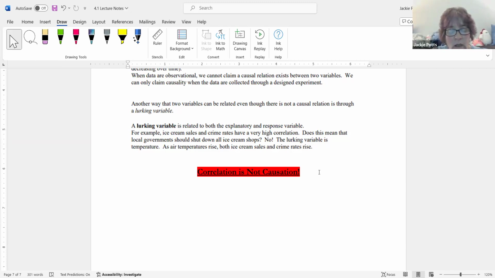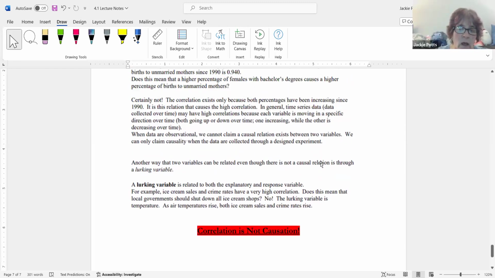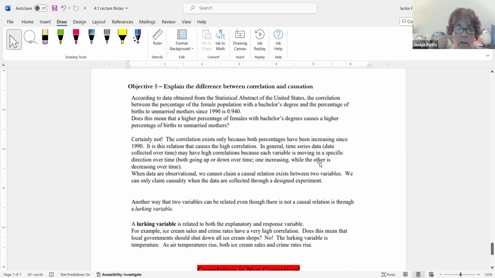Observational studies can only have associations or correlations. We cannot say causation. They give a one, there was just about percentage of married and unmarried and this and that. Bachelor's degree with higher percentage of births to unmarried mothers.